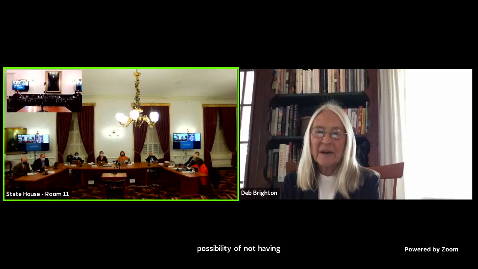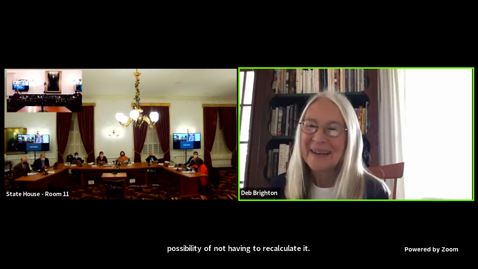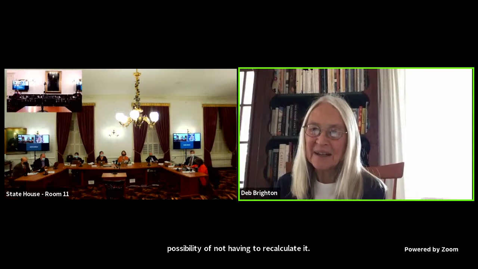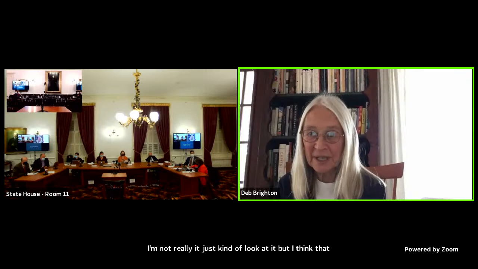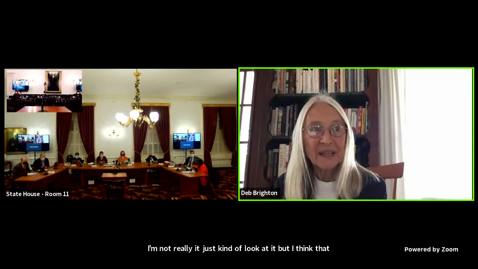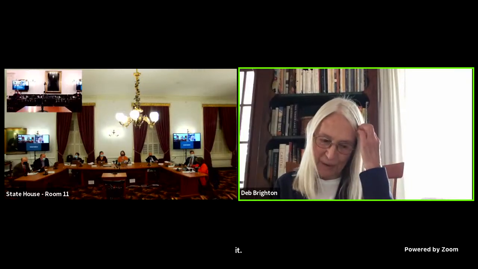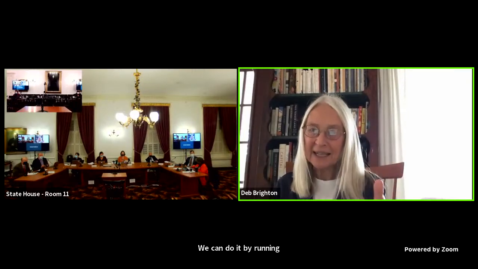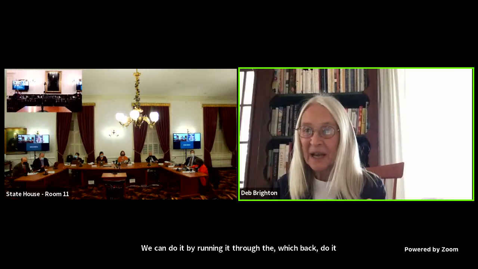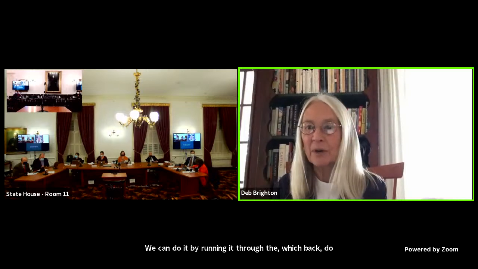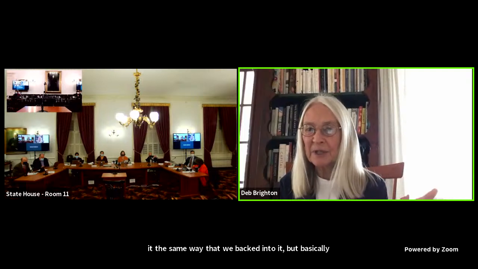Not really, it gets complicated. But I think that we could do it the same way that we backed into it. Basically every year we would go through and redo Brad's sheet.